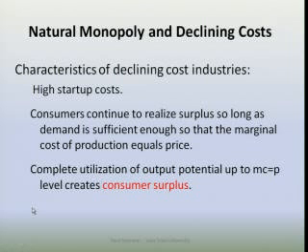So in a natural monopoly, consumers continue to realize what we call a consumer surplus, or enhancements to their well-being, so long as marginal cost of production equals price. Now I'm going to explain that in a situation. And I want to do it here, and then I'm going to do it in a graph.